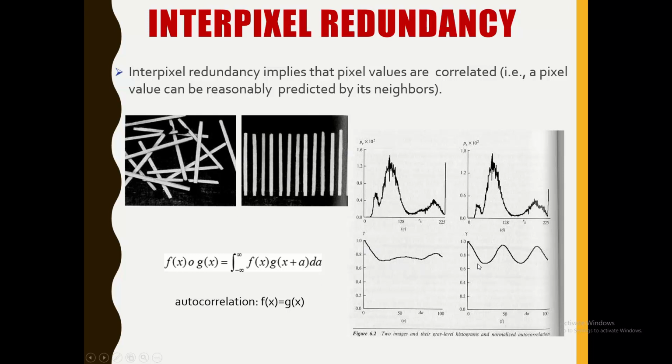You can see in this figure that at this position, at pixel 45 or at 90, they are highly correlated. So we can see that this image is highly correlated as compared to this one. So we can try to find the correlation in the image to remove the interpixel redundancy.